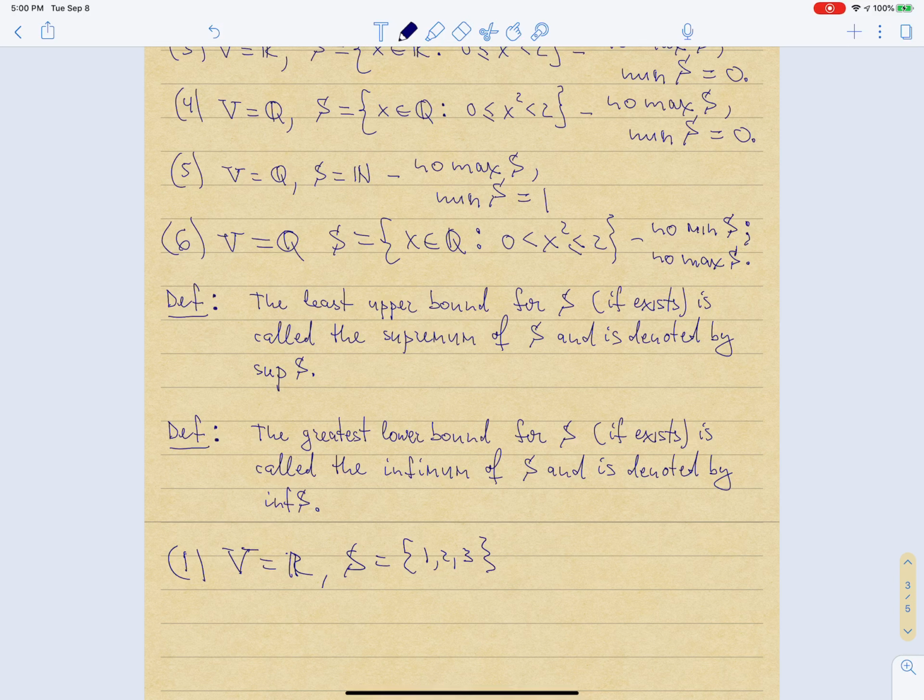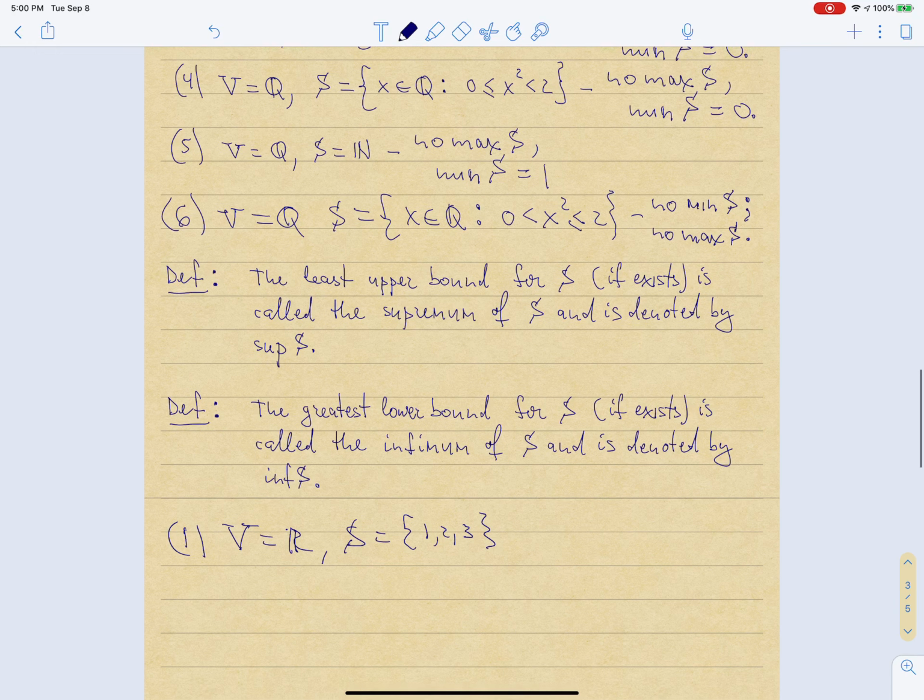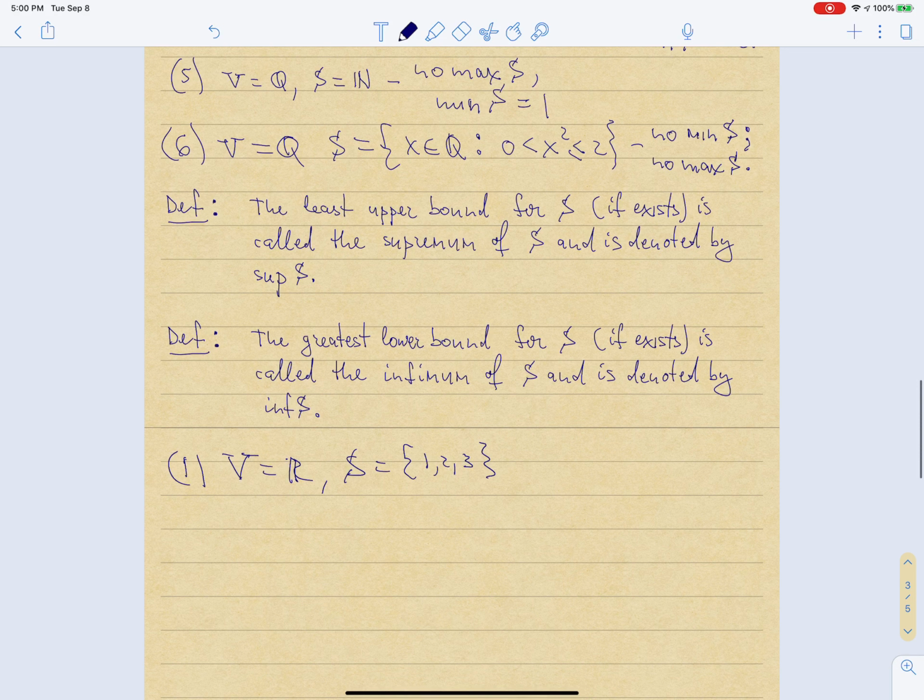So what is the smallest upper bound for S? We're going to consider proving that something is an upper bound or lower bound shortly, but for now I'm just giving you examples. So clearly, in this case, the smallest possible upper bound is going to be 3. Right, so the supremum of S is 3, that is, the least upper bound is 3.